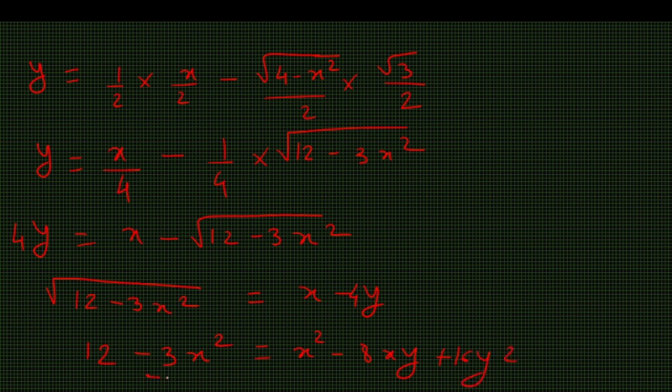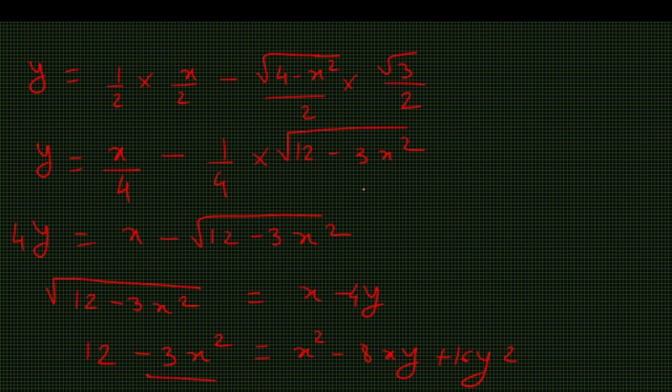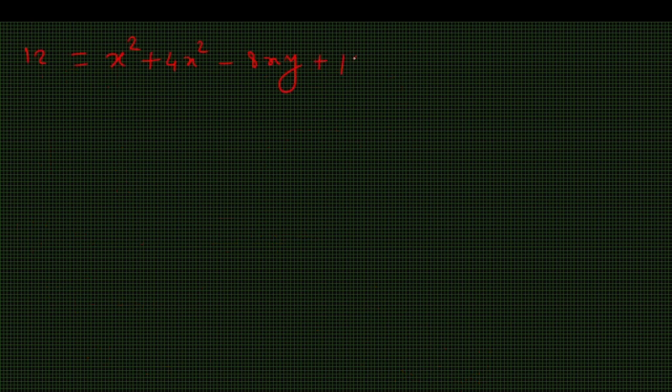Now shift minus 3x square here, we will get 12 is equals to x square plus 3x square, that is 4x square minus 8xy plus 16y square.